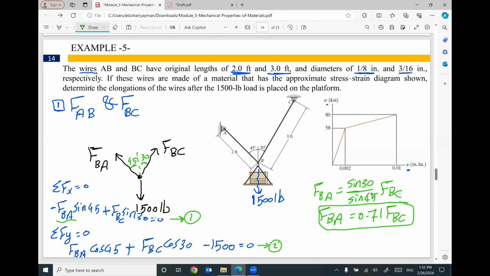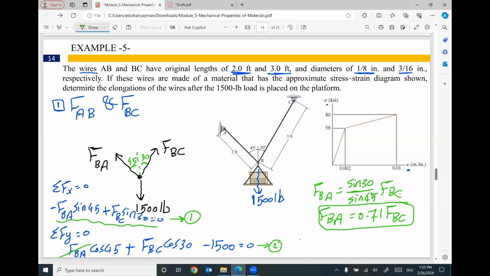So I rearranged this equation and put FBA on one side, with everything else on the other side. I found FBA equal 0.71 FBC. Let me check one more time. Sine 30 divided by sine 45 degree, 0.71. Yes.